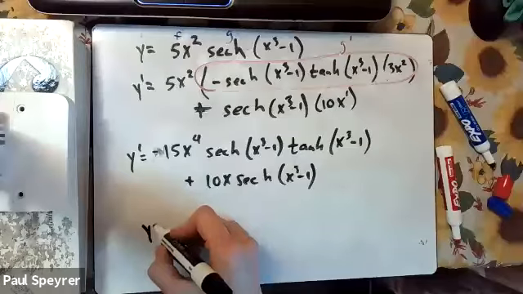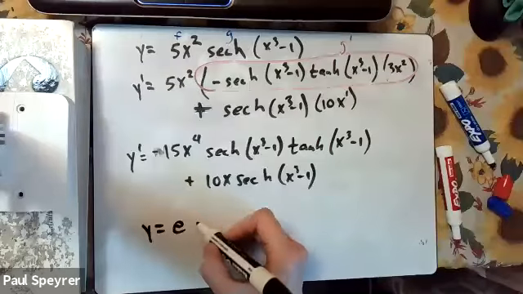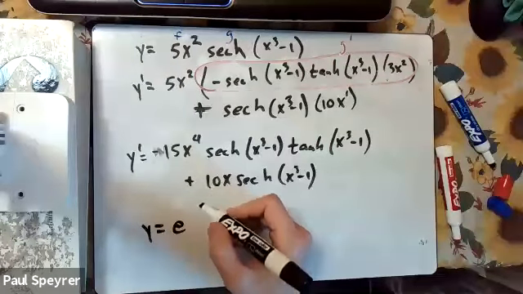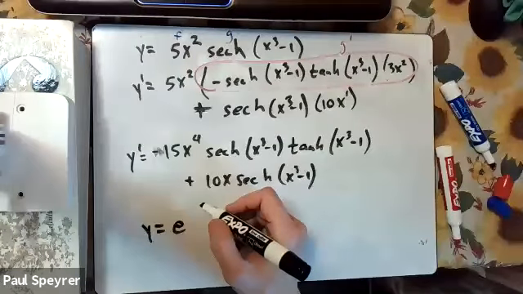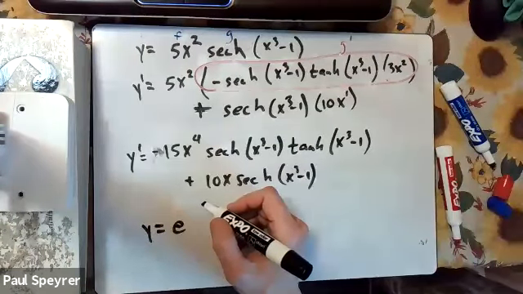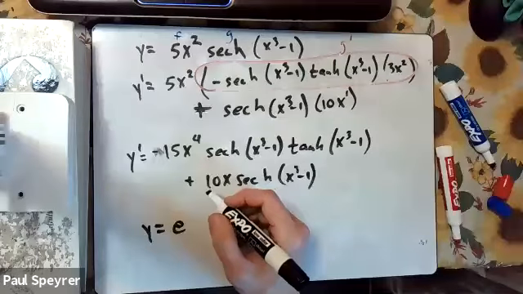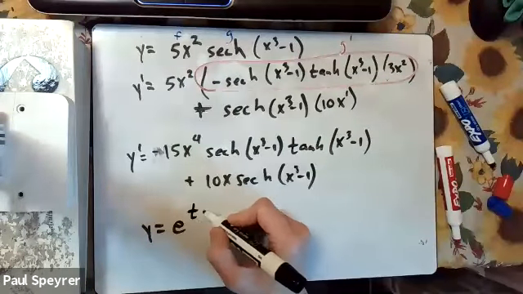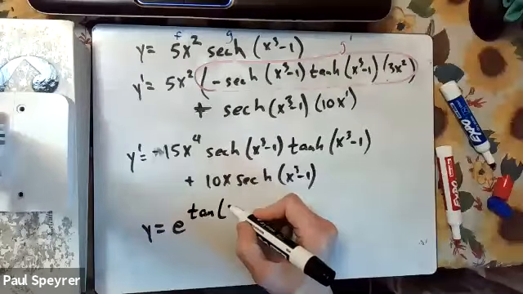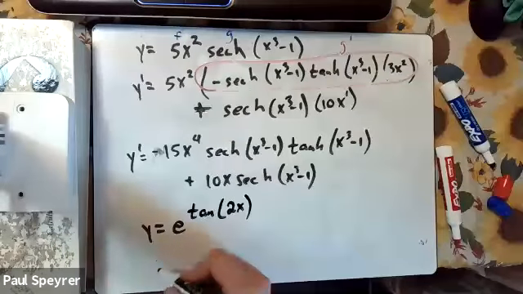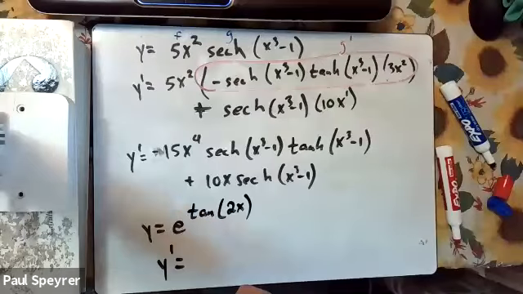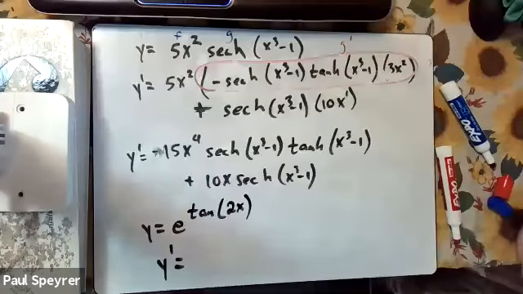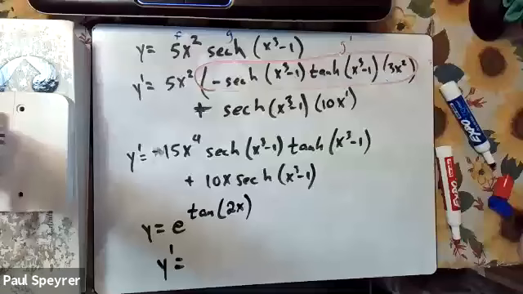Now, let's say we have y equals e to the hyperbolic tangent of 2x, and we want y prime. How do we take the derivative of e to whatever?